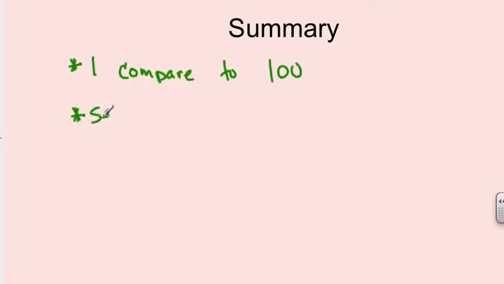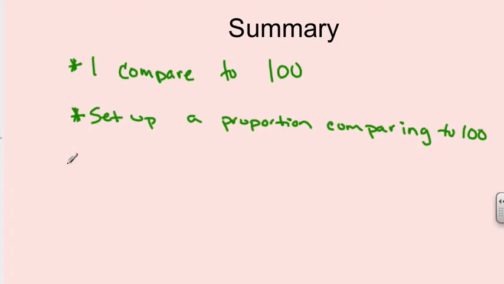I may even set up a proportion, which is what we were doing, comparing to 100. Percent is always over 100, and then whatever your fraction would be here, whether it was the part over part or part over whole.